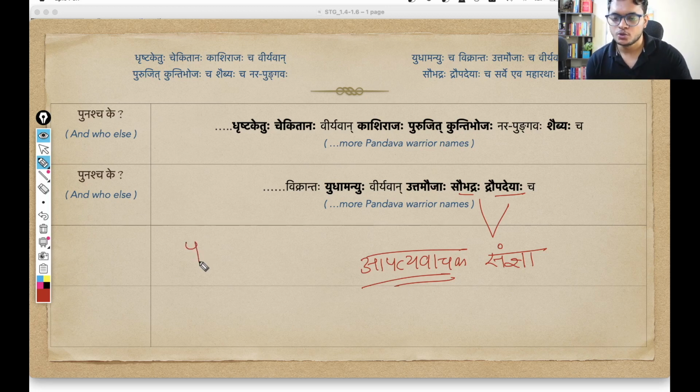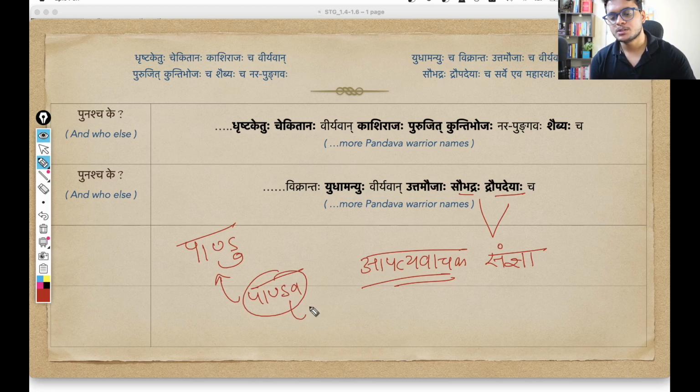So you have Pandu, and whoever are the sons of Pandu, whoever are the descendants of Pandu, they are called Pandava. So this Pandava becomes an Apatya Vachak Sangya. This noun is derived from an actual person, and we usually do this when we want to mention that the Pandavas were the descendants of Pandu or the children of Pandu, right?